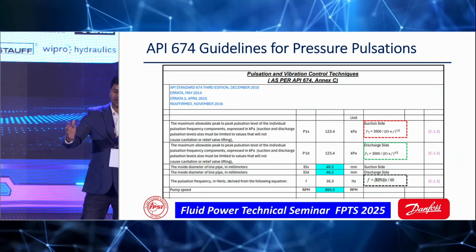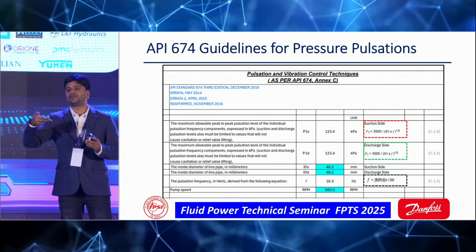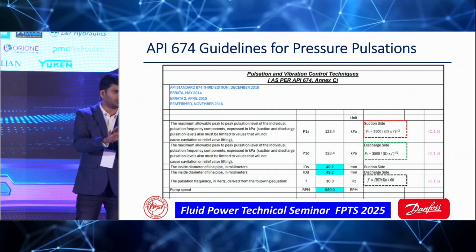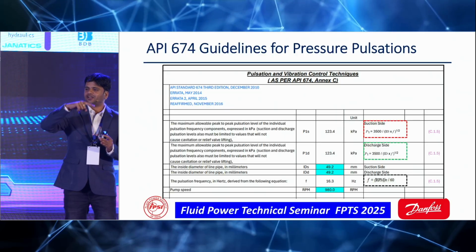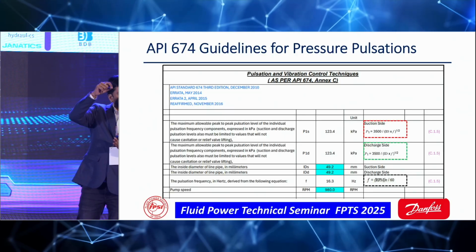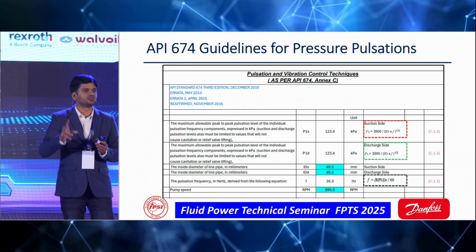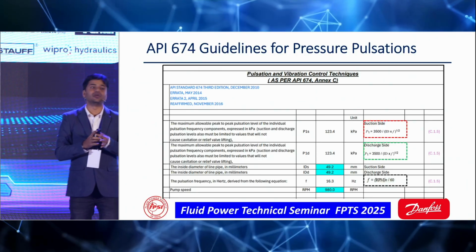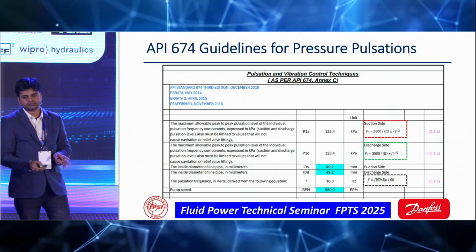Let's say you have an inlet pipe and these pulsations push the pressure below the vapor pressure of the liquid, so cavitation forms, and we don't want that to happen. The second is that at the discharge side, the same peak-to-peak pressure pulsations should not cause relief valve lifting. These are the two conditions we have to meet if we want to use the same axial piston pump in a hydraulic system.